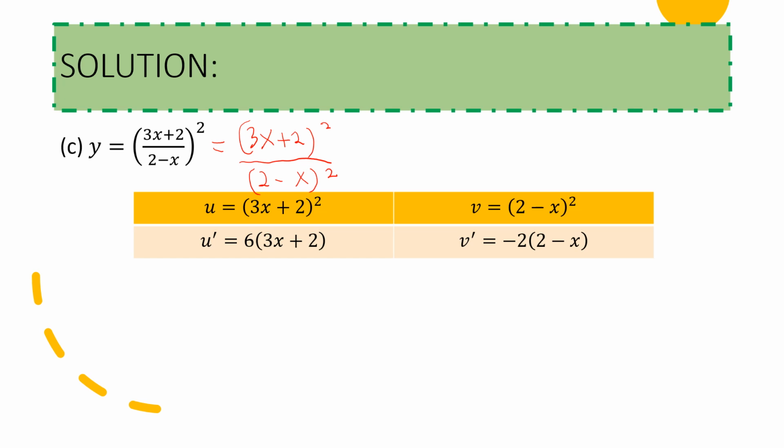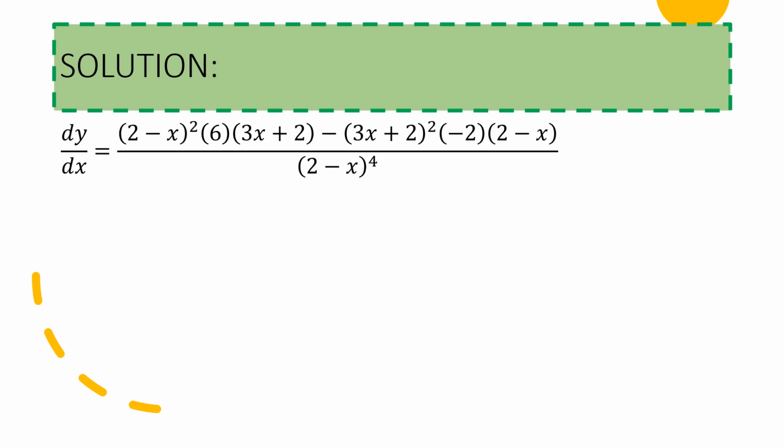So we substitute into quotient rule, which is dy/dx equals (vu prime minus uv prime) over v squared. Therefore, dy/dx equals (v times u prime minus u times v prime) over v squared.